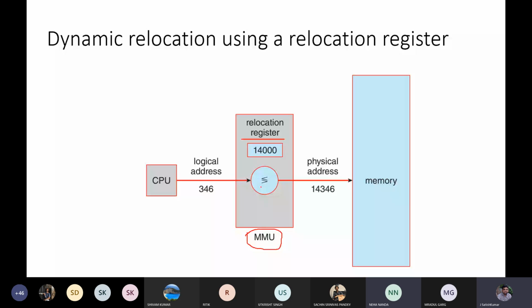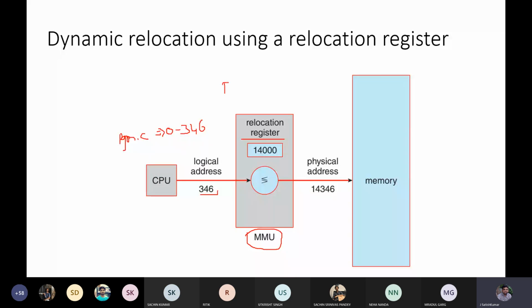When a program.c is generated, if it is generating 346, this program.c will take 0 to 346 address space. Now we need a physical address. How will it calculate?